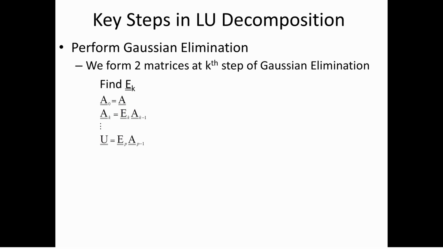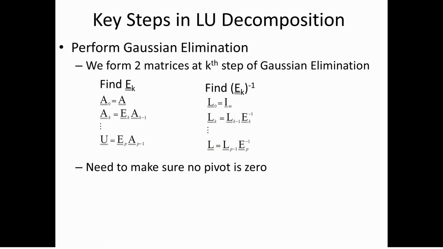But at the same time, I want to form L, and you remember what L is. L is the product of the inverses of the elementary row matrices. So I'm finding the inverse, and I'm constructing L by just multiplying by the inverse of the elementary row matrix on the right hand side. Okay, now I have L and now I have U, and now I simply do back substitution.